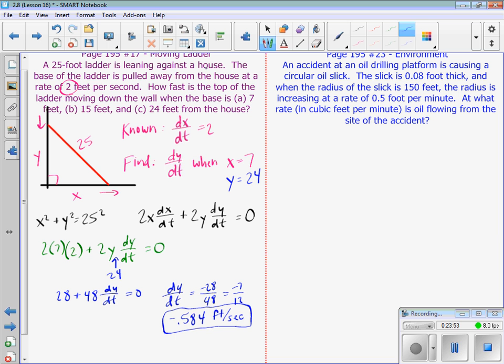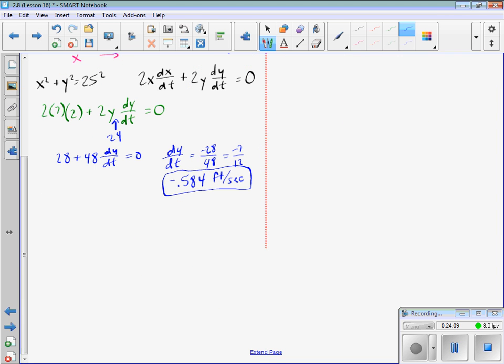So if I'm answering how fast is it moving down the wall, I would say it's moving down the wall at a rate of 0.584. Okay, it's not moving down the wall at a rate of negative 0.584. The negative implies that it's going down. Okay, so let's just answer it for the first one here. So moving down the wall at a rate of that.